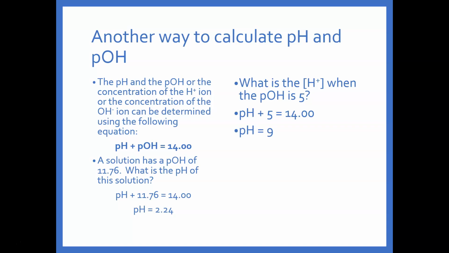The question was asking us about the hydrogen ion concentration, which means we're left to use the hydrogen ion concentration equals 10 to the negative pH. So we plug in our 9 into that equation, and that means we are going to get that the hydrogen ion concentration is 1 times 10 to the negative 9th as our answer. So it takes what was a one-step problem into a two-step problem, but opens up a world of possibilities.